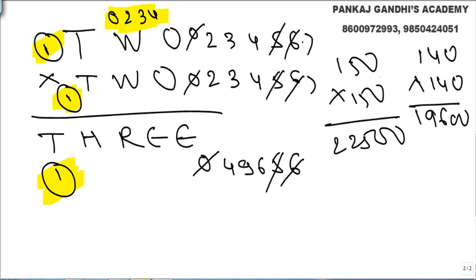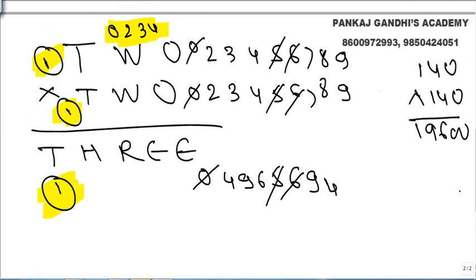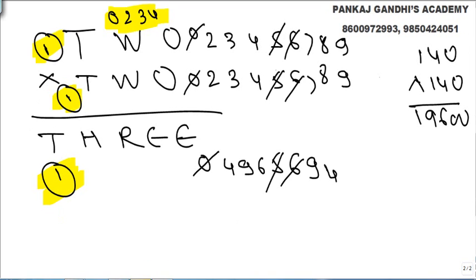Same digit O and E. 7 sevens are 49, 9, different ones, possible. 8 eights are 64, possible. And furthermore, can it be 9? 9 into 9 is 81, 1. It's possible, but the problem is already T is 1, so O cannot be 1. So this cannot be 9.